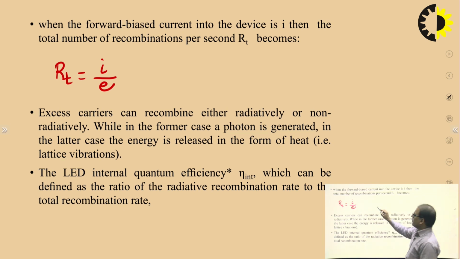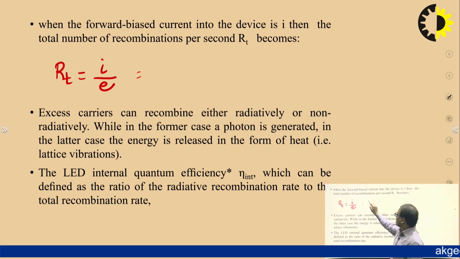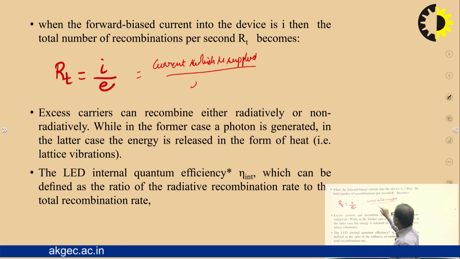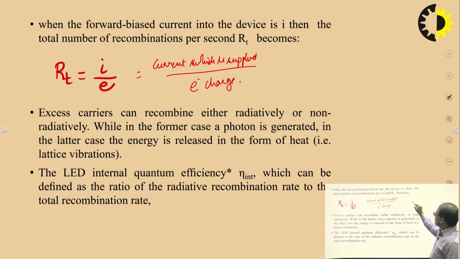That can be defined as the current which is supplied divided by the electron charge, that is RT. And this RT also consists of radiative recombination plus non-radiative recombination, clear.